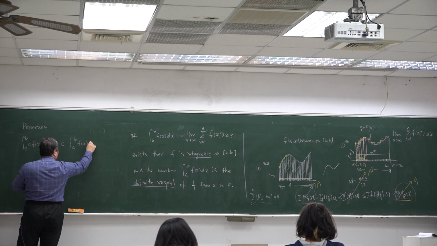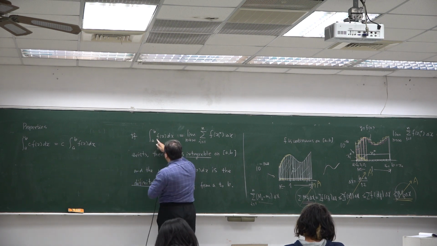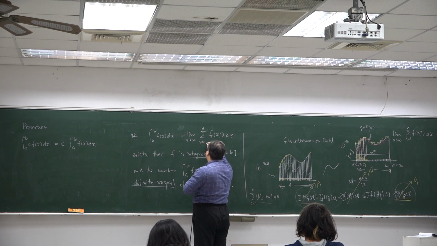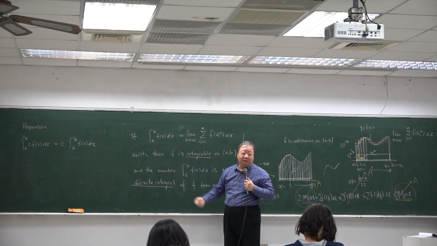This is because if we have a C here, then we have a C here. By the distributive law, we can put C here. This limit exists, and by the limit law, C can move out. That's all.